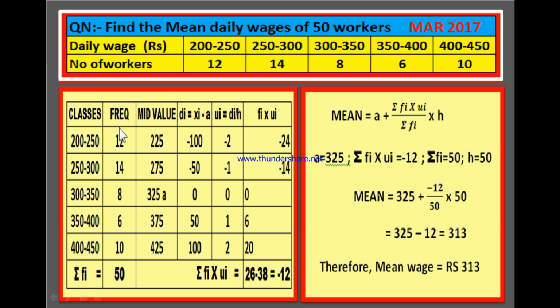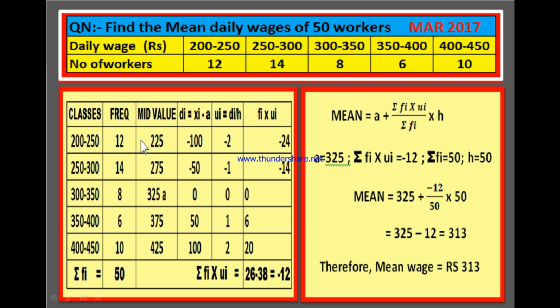You see, in the direct method, you took classes, frequencies, mid values and fi xi column. But whereas in the step deviation method, besides frequency and class mark, you have to write di column, you have to take ui column and later fi ui. If you adopt this method, then the calculation part will be so simple.